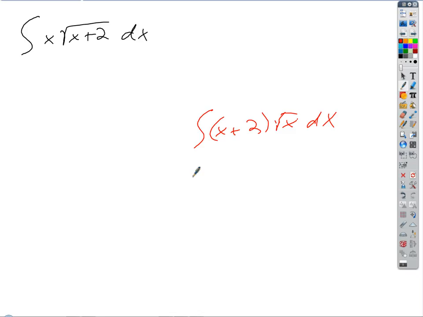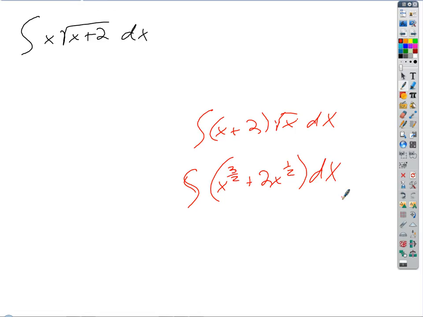I could just distribute the square root and get x times the square root of x is x to the 3/2 plus 2x to the 1/2 dx, and just do it in two separate parts. That would have been easy. We could have done that one easily, right?